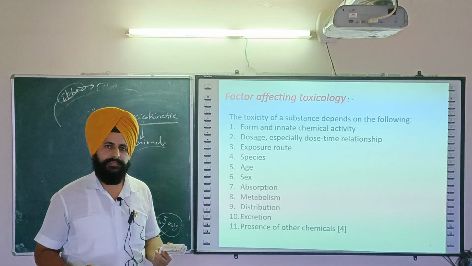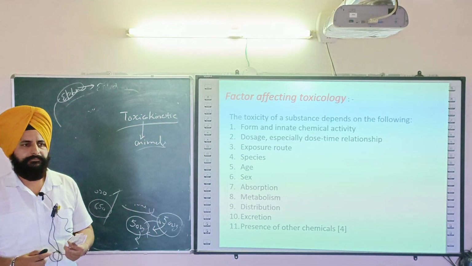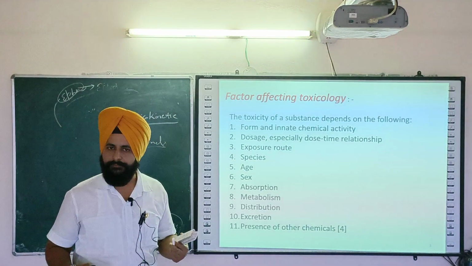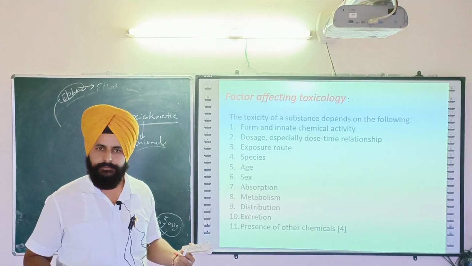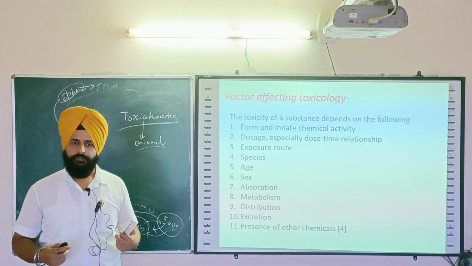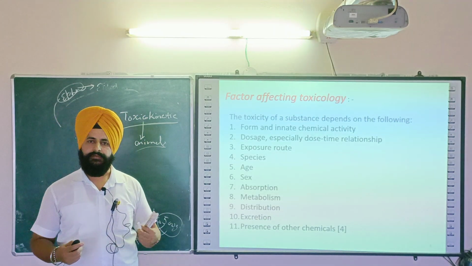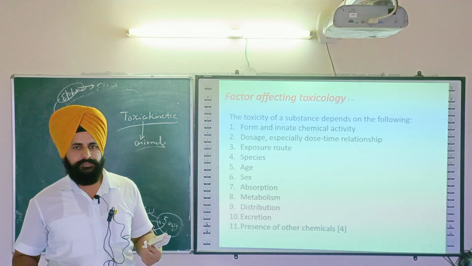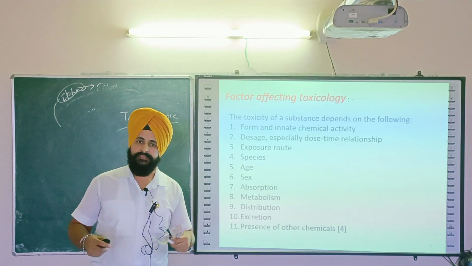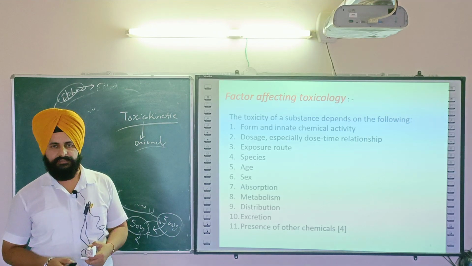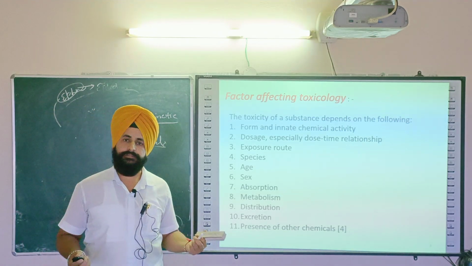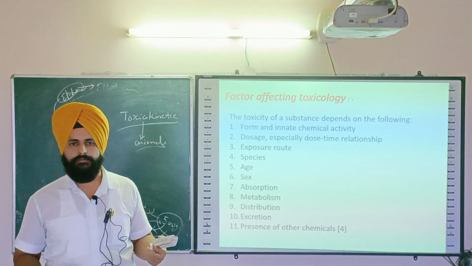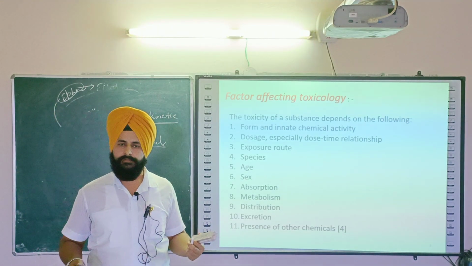Metabolism, I will give you a very simple example: phenytoin metabolism is affected by phenobarbital, because phenobarbital is an enzyme inducer. Any drug which is an enzyme inducer can increase the metabolism of another drug, which can lead to lower bioavailability and more drug excretion from the body.